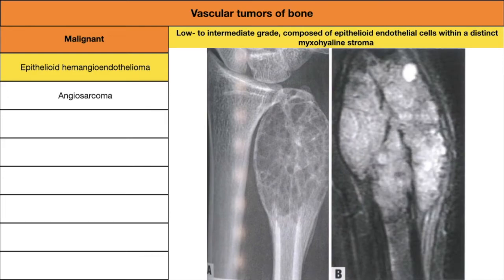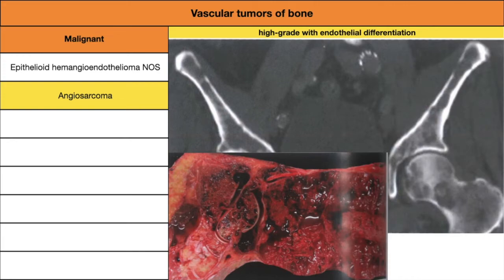Epithelioid hemangioendothelioma are malignant vascular tumors of the bone, low to intermediate grade, composed of epithelioid endothelial cells within a distinct myxohyaline stroma. Angiosarcoma are malignant high-grade vascular tumors of the bone with endothelial differentiation.